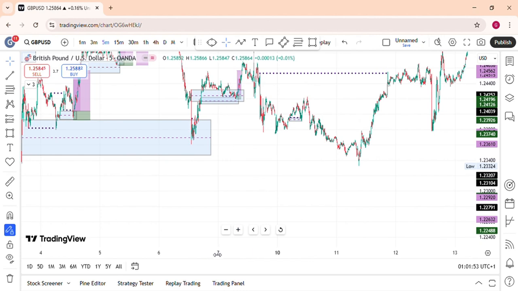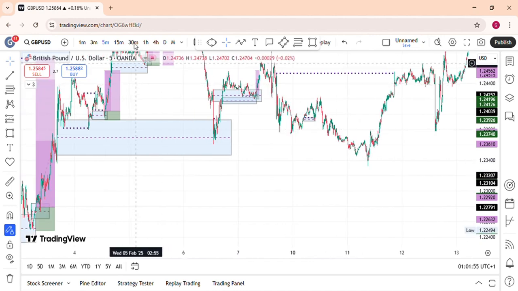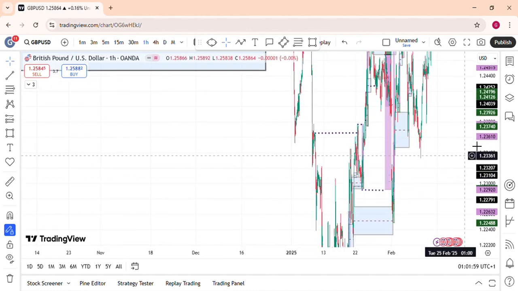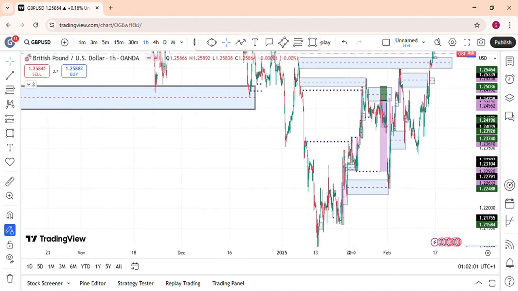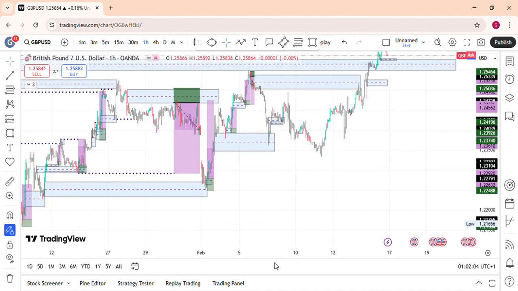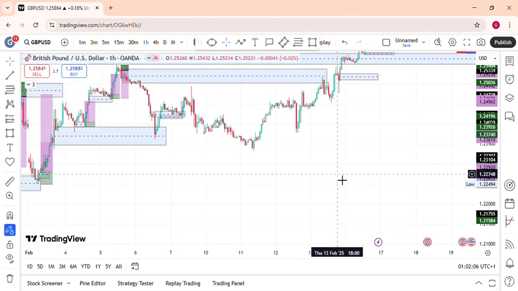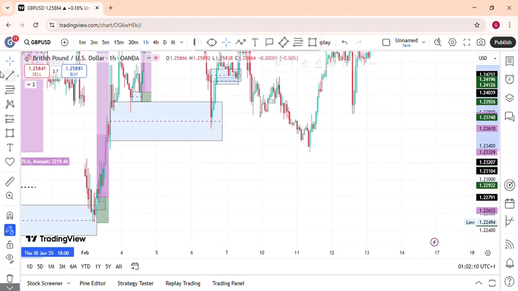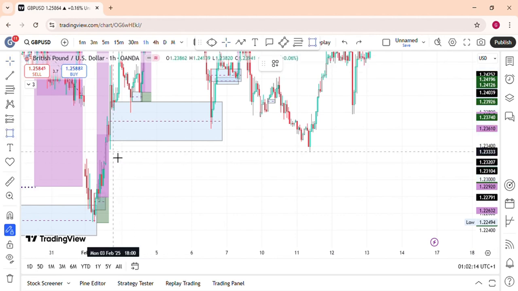This one is, let's use the 1 hour time frame on the 11th of February. So on the 1 hour time frame, you can see that there's a fair value gap right here.